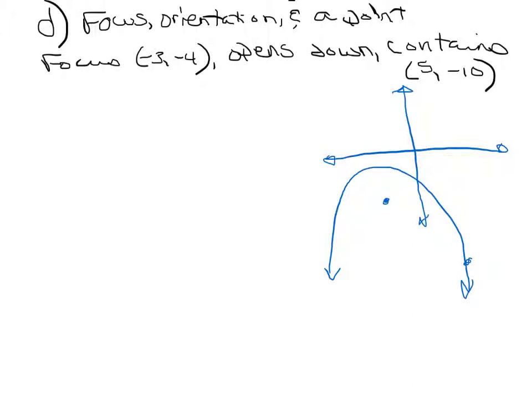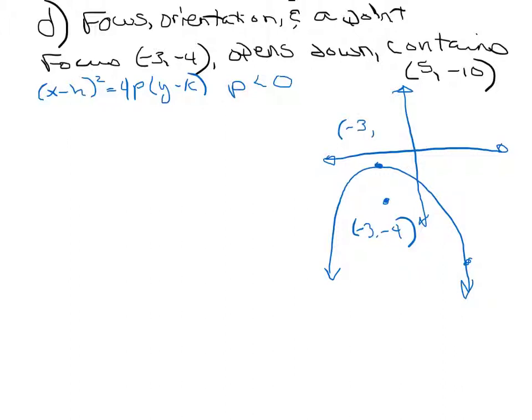So from here, I'm going to go ahead and say, well, I know that the equation that I'm going to want is going to be (x - h)^2 = 4p(y - k). I also know that p has to be negative since it opens down. Well, if this is my focus, if this is (-3, -4), if I can fill in some things, I know my vertex is going to share the same x value.